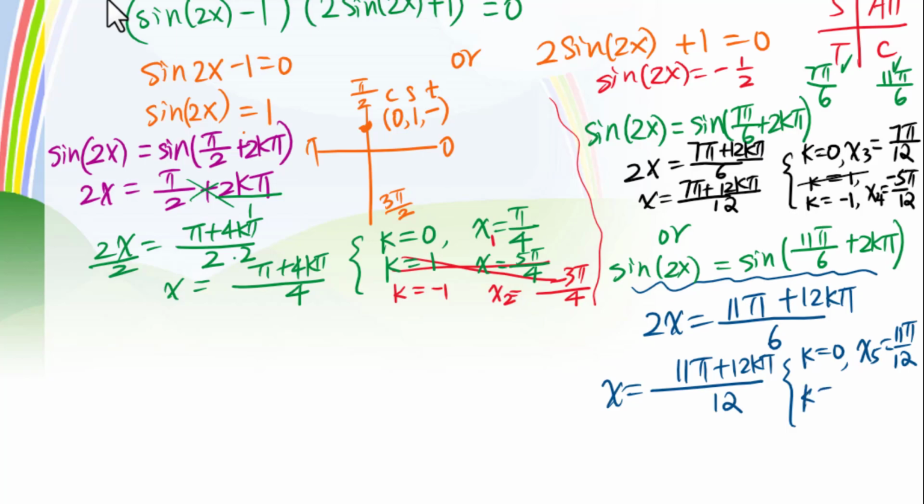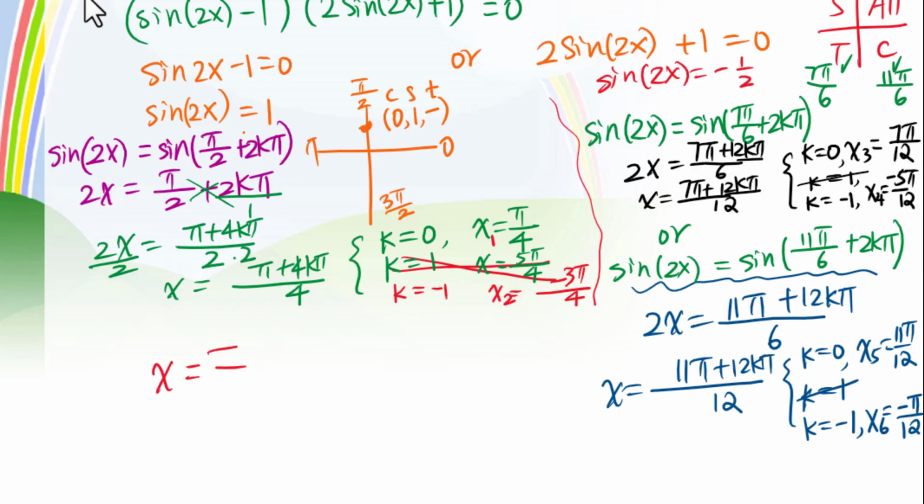When k equals 1, it's out of domain. k equals -1, x6 equals -pi over 12. There are 6 solutions to this equation.